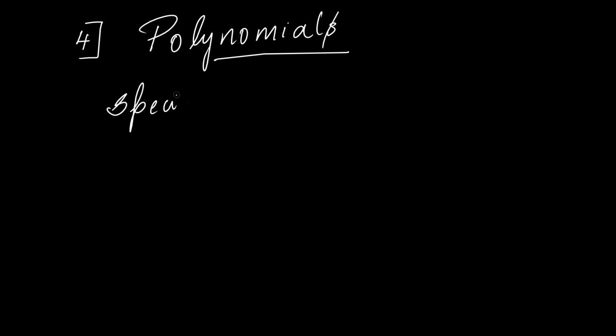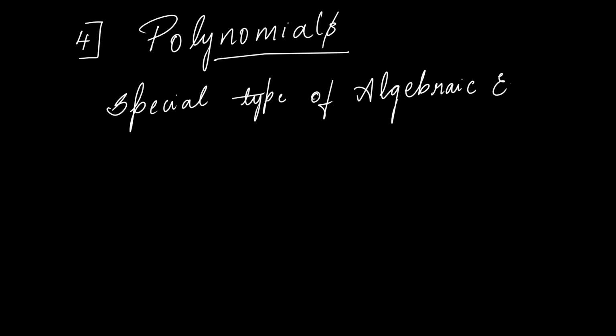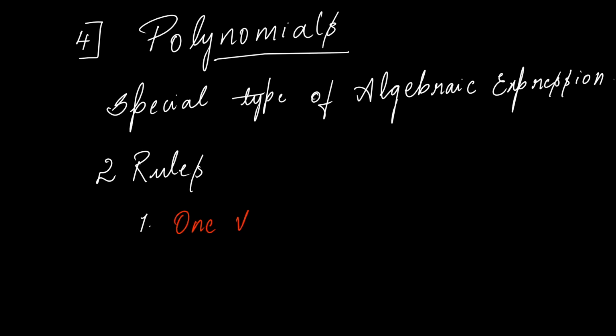Now let us go to our main topic, polynomial. So what is a polynomial? A polynomial is a special type of algebraic expression. It has two rules. The first rule is one variable only. It should have only one variable. And the second rule is the power should be a whole number.